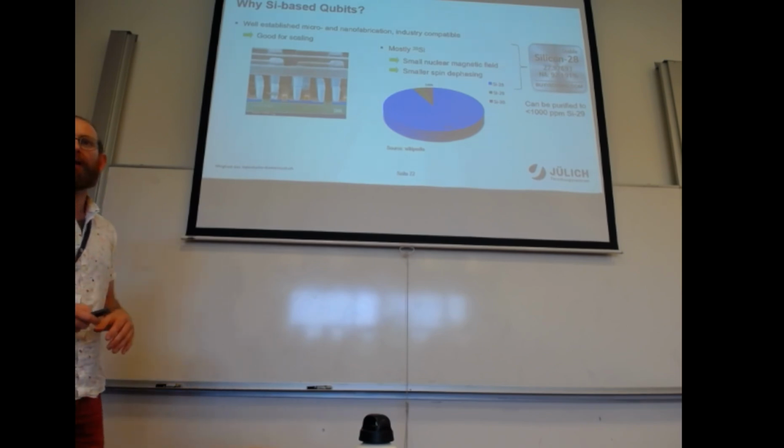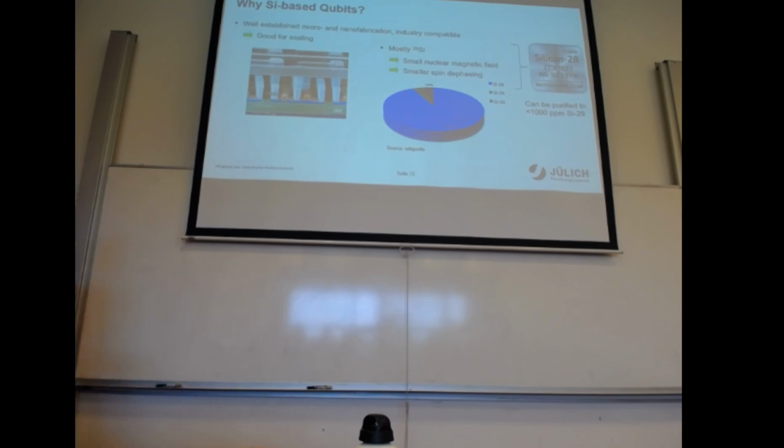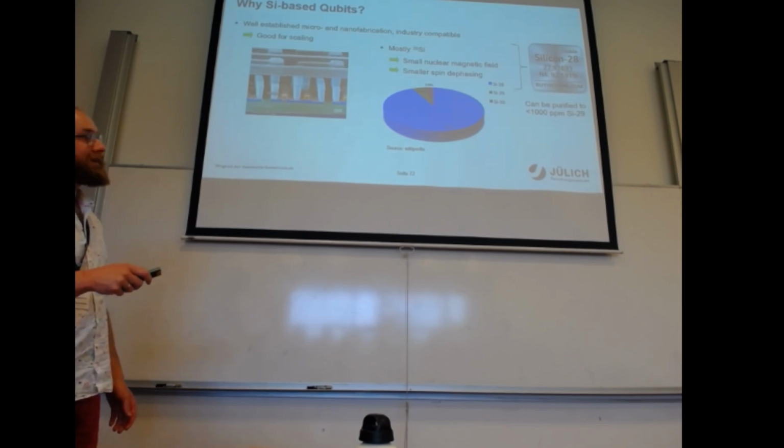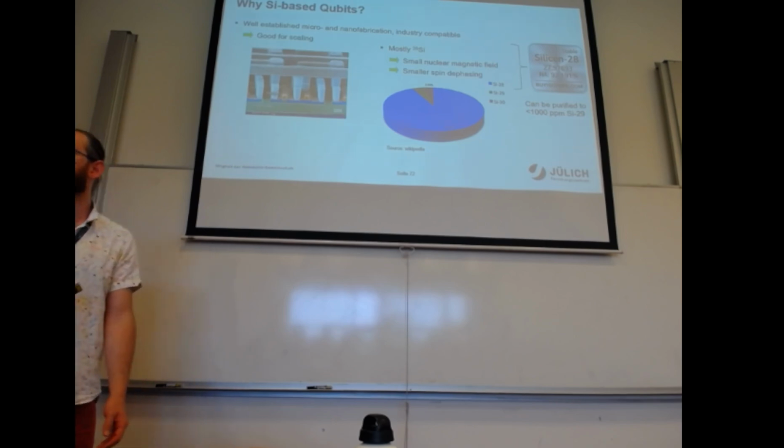It's complex. Turns out that you can counteract it somewhat with the decoupling pulses that I just showed you briefly, but in the end it's just not good enough to keep going forward. That is where silicon and germanium come in and are very attractive, because they can be purified. Silicon has silicon-29 as the spin 1/2 isotope.